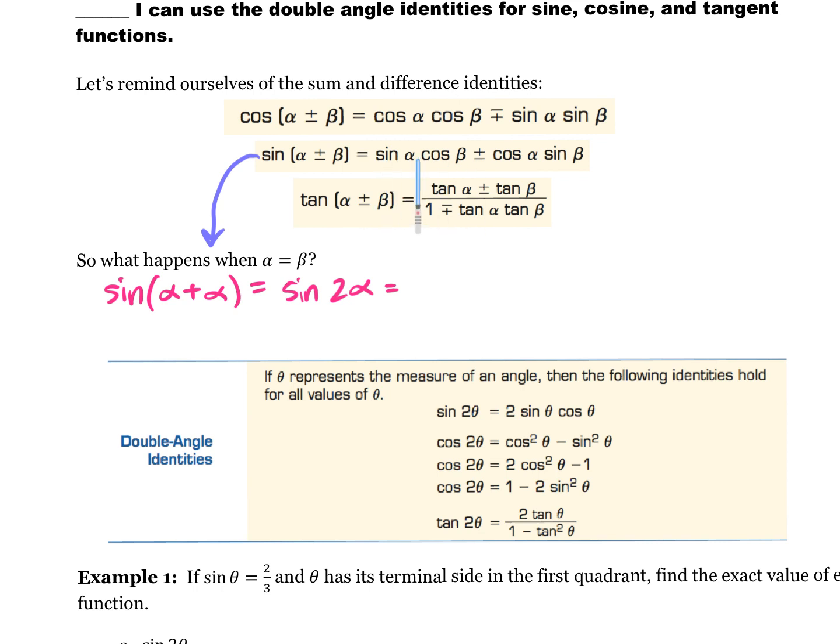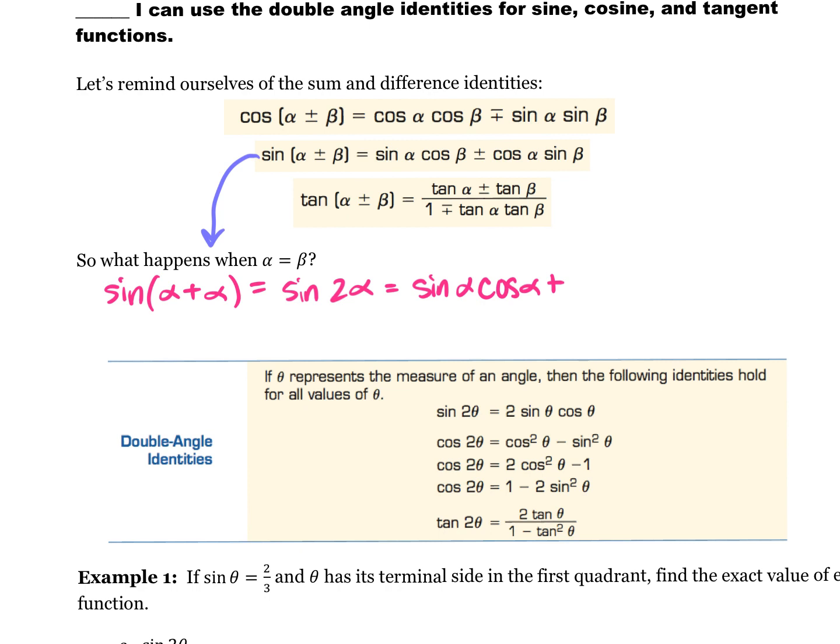Here we go. Let's apply this if both my angles were alpha. Alpha plus alpha. What would this turn into? Sine alpha times cosine of alpha, right? And what about this part?